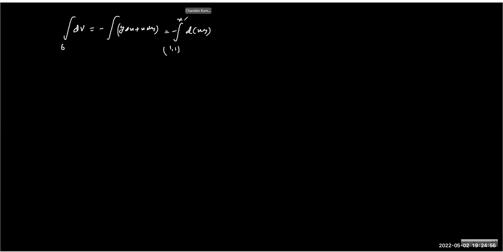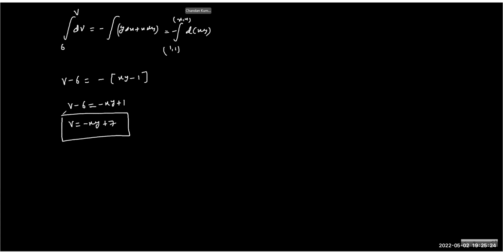So when it is x comma y, it is V. So minus xy minus 1 is equal to V minus 6. So V minus 6 is minus xy plus 1. So V equals minus xy plus 7.